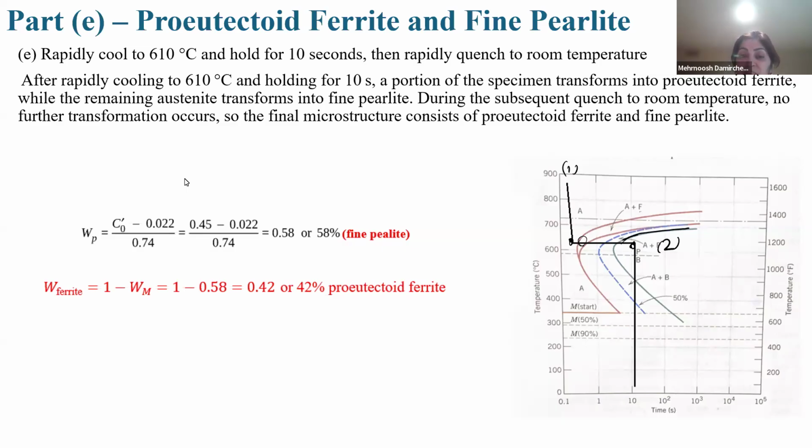When do we get rid of the proeutectoid ferrite? If, for example, it is cooling to less than this temperature, yeah, meaning above this temperature, that is 5.8 something, in this region we have proeutectoid ferrite.